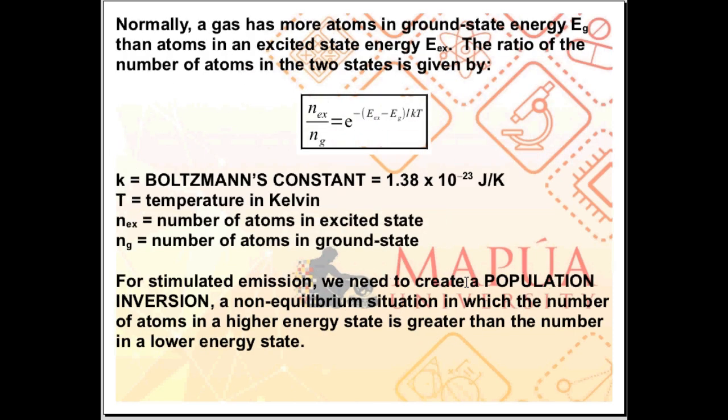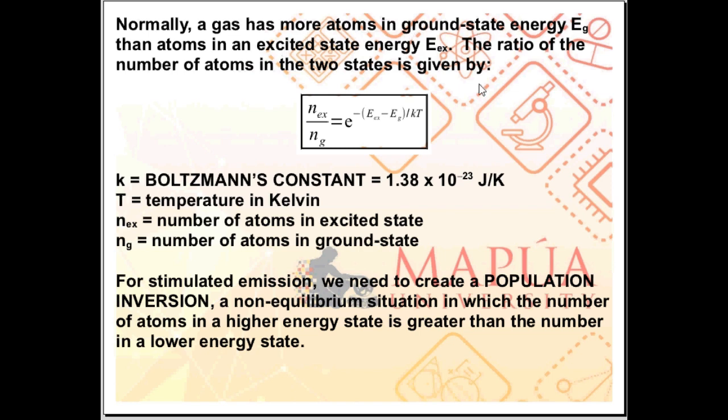Normally, a gas has more atoms in its ground state energy. For there to be stimulated emission, the atoms need to be in their excited energy state. Normally, though, more atoms are in the ground state.